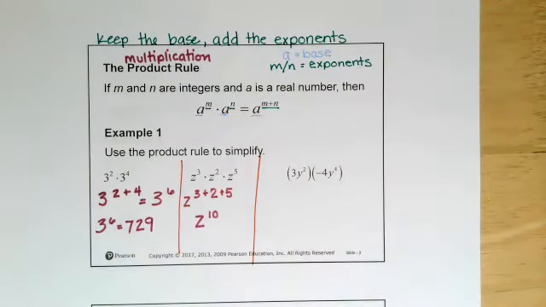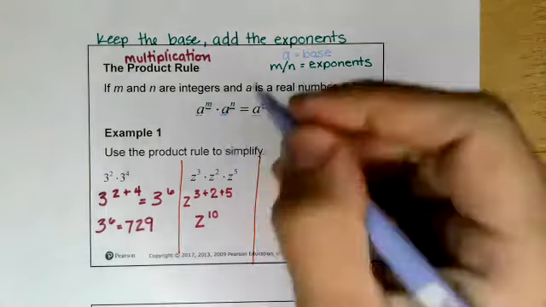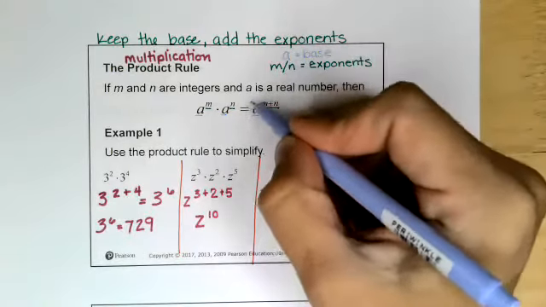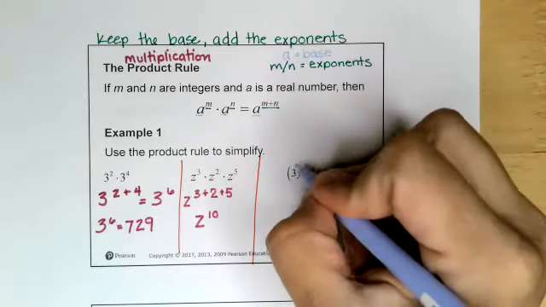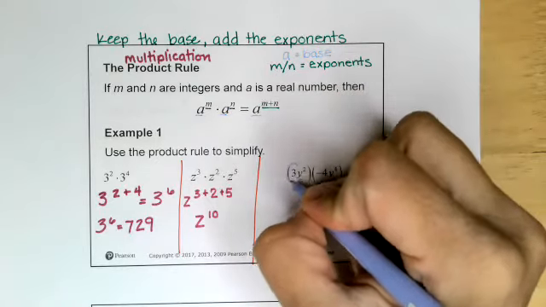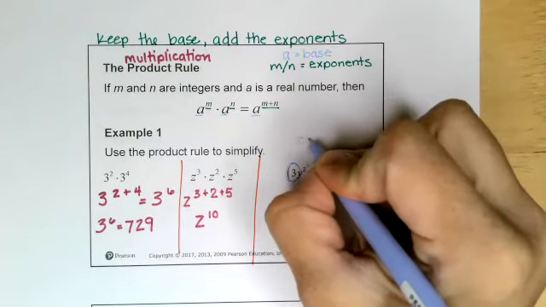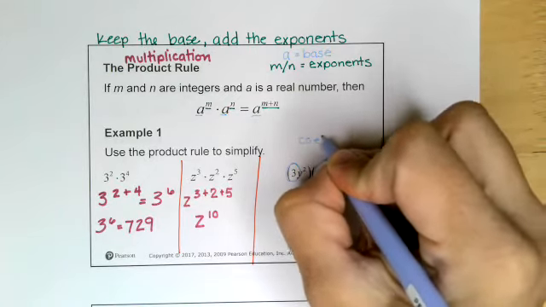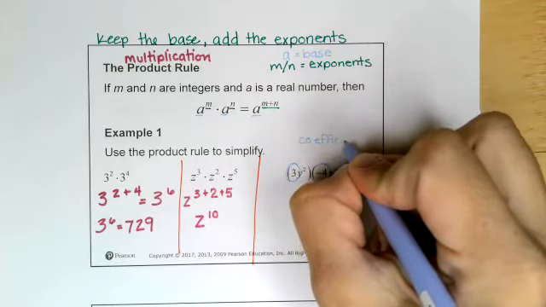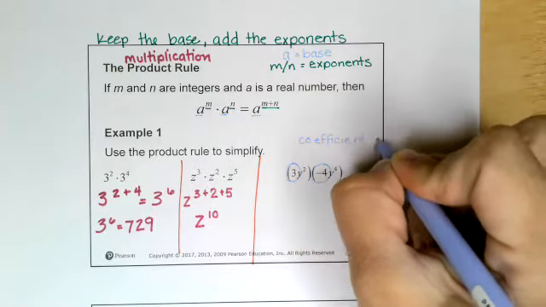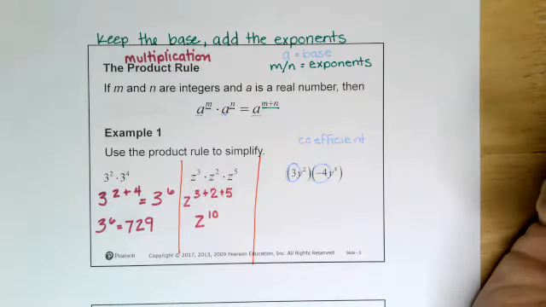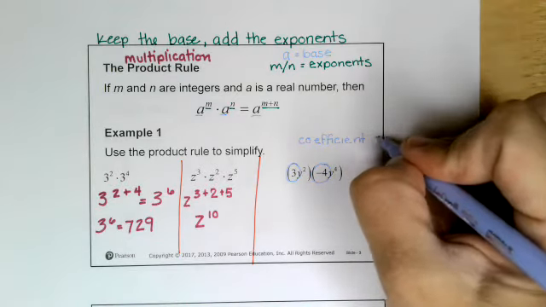All right. So a is the base, m is the exponent, 3 and 4, these are considered coefficients. A coefficient is a number multiplied by a variable.